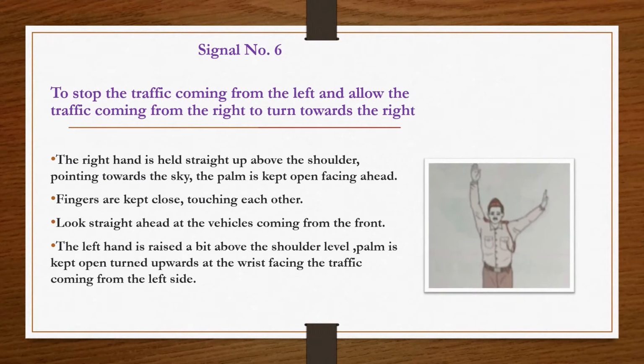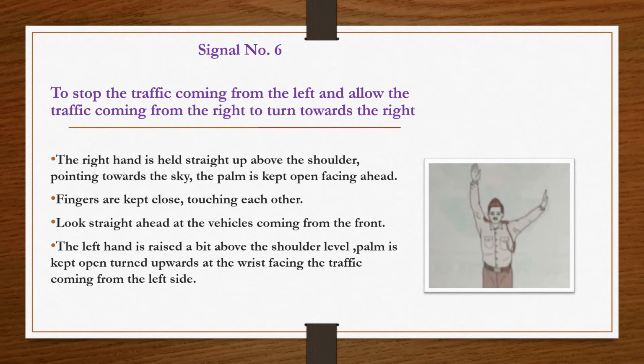Signal number 6. To stop the traffic coming from the left and allow the traffic coming from the right to turn towards the right. The right hand is held straight up above the shoulder, pointing towards the sky. The palm is kept open facing ahead.